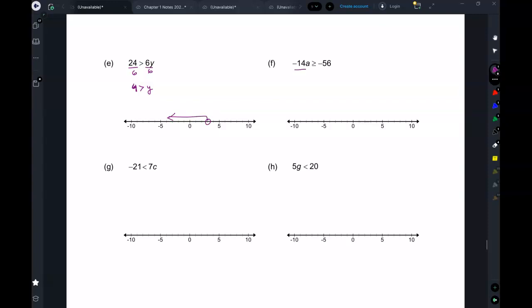All right. So remember, whenever you're dividing by a negative number, to flip the sign.